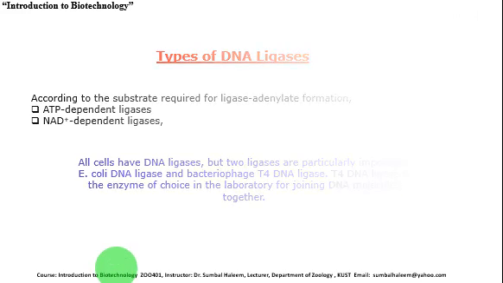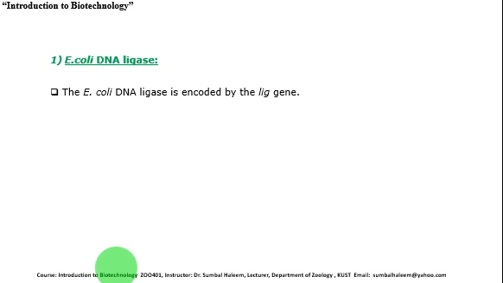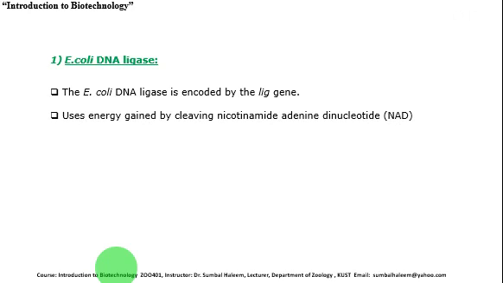So let's talk about it. The first is the E. coli DNA ligase. E. coli DNA ligase is encoded by the lig gene, and these DNA ligases are present in E. coli as well as in other prokaryotes, and they use nicotinamide adenine dinucleotide as their cofactor, their energy source, to create a phosphodiester bond.